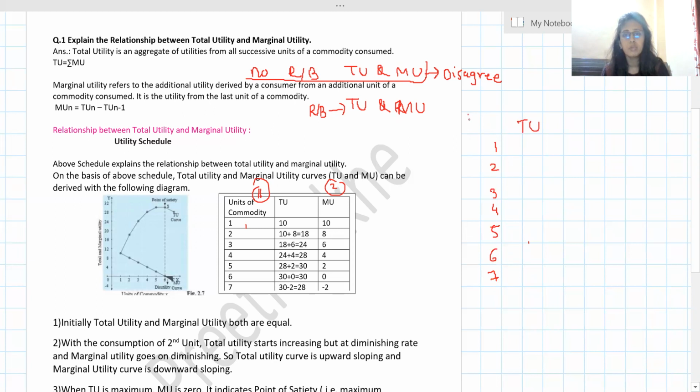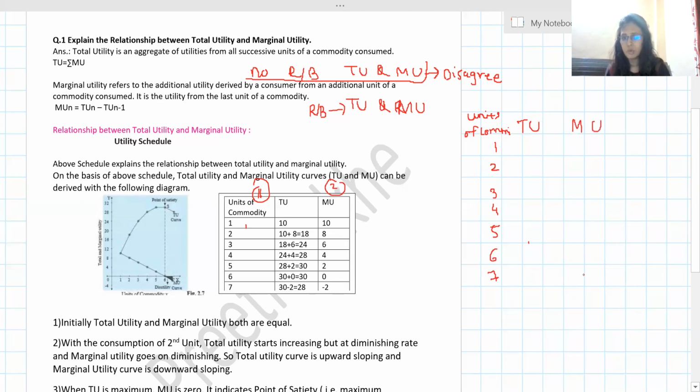First, you will write the units of commodity. You can write with me also. So I have written 1, 2, 3, 4, 5, 6, 7. Then TU. Then we have MU.